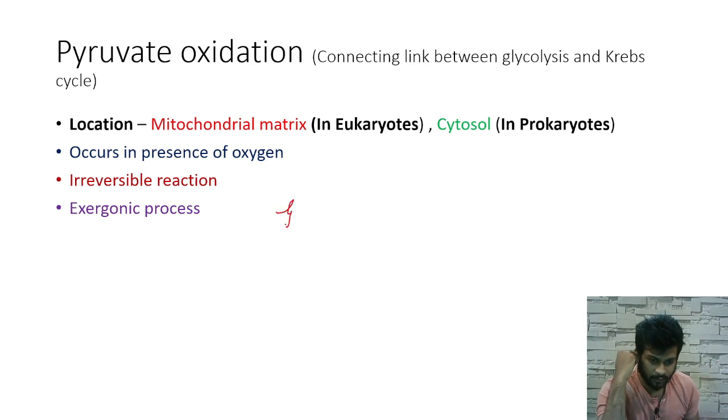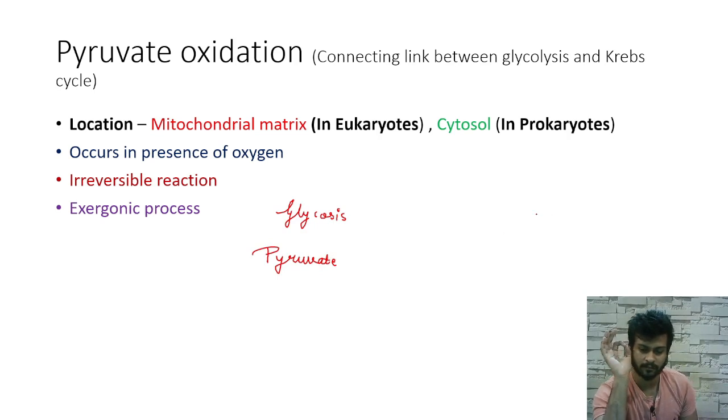In glycolysis, we know that glucose is oxidized and converted into pyruvate. In Krebs cycle, we know that acetyl coenzyme A combines with oxaloacetate to form citrate. So acetyl coenzyme A is required.